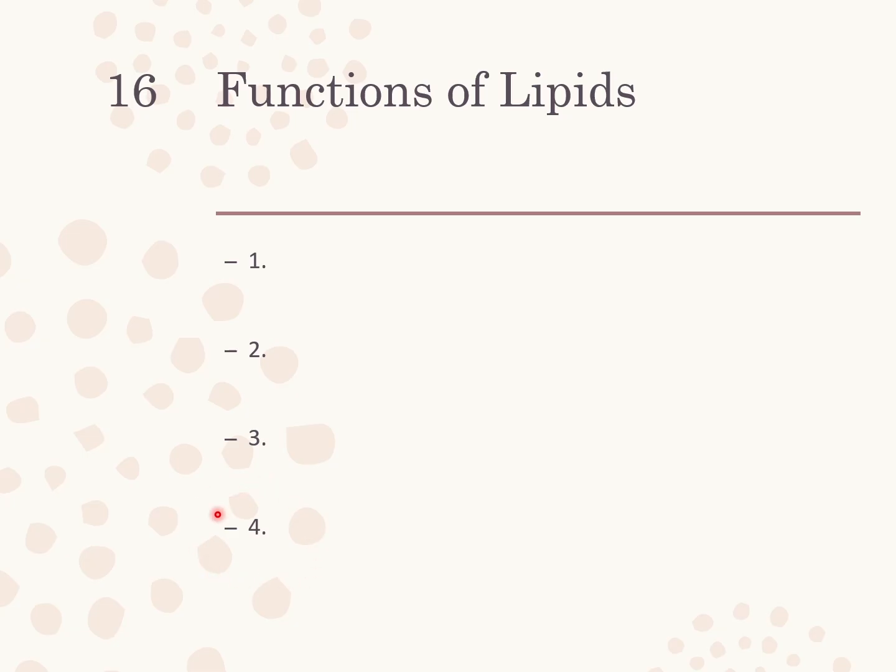Okay. So again, to review the functions, function number 1, provide energy for the body. Number 2, storing energy for later use. Number 3, insulating and protecting the body. And number 4, transporting fat-soluble vitamins.